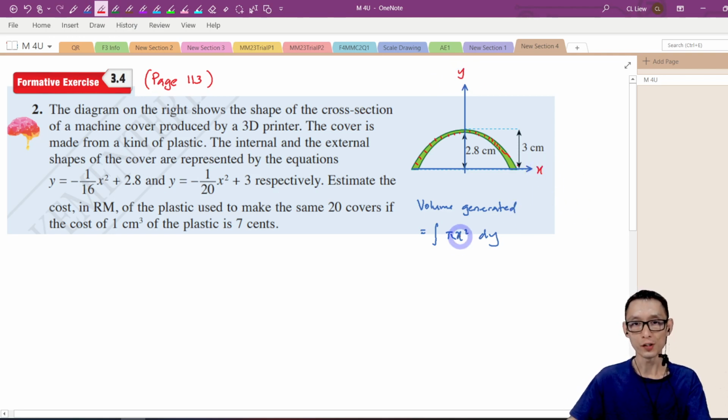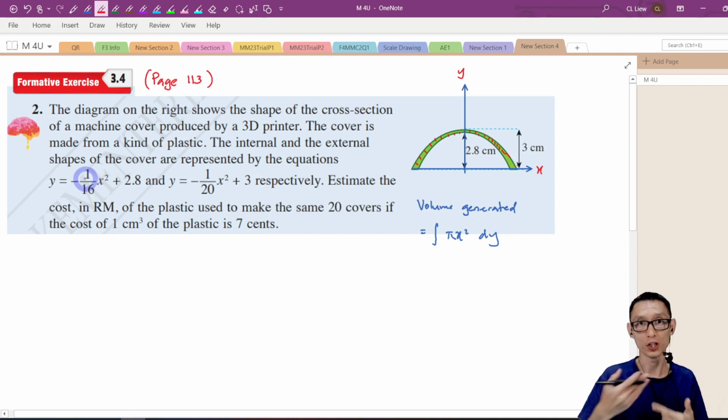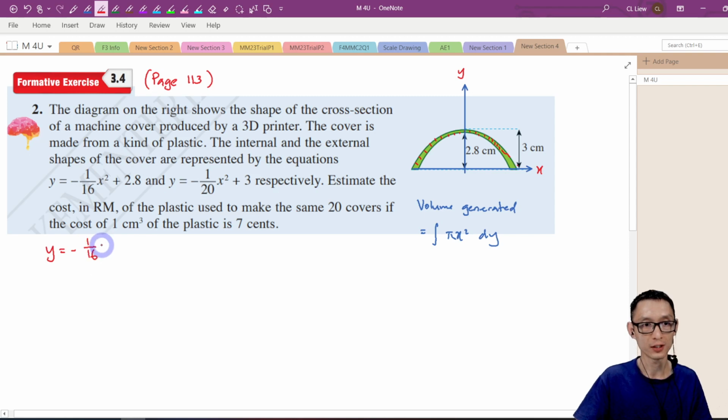Okay, since you look at this formula, you know that we need to know x squared, right? But here we don't have that, this is y in terms of x, so I'm going to change it. y is equal to negative 1 over 16 x squared plus 2.8. This plus 2.8, bring to the other side, it becomes minus.